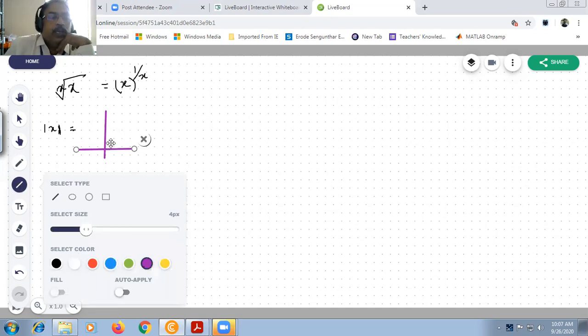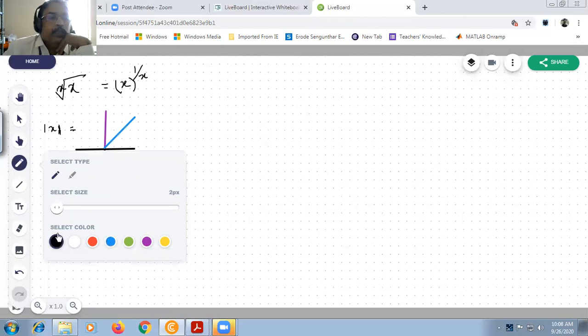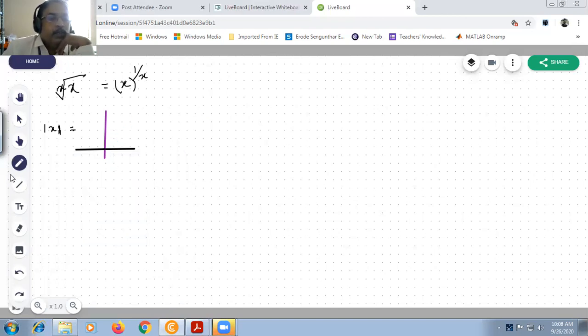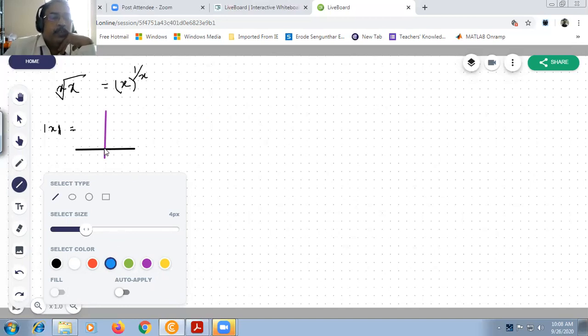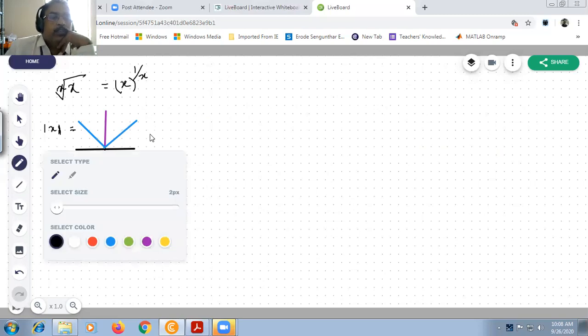So we draw a curve like this. This is mod x.